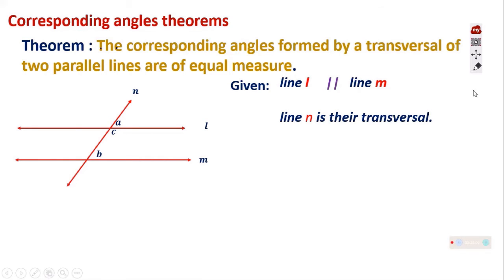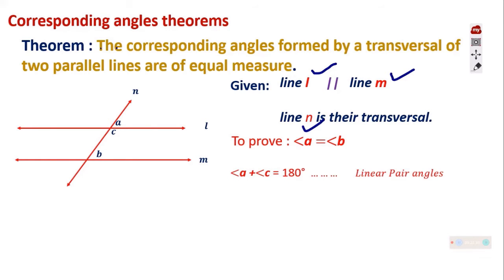We know that line L is parallel to line M, given, and N is the transversal, right? Now in order to prove that angle A is equal to angle B, we know that angle A plus C here is 180 because it is a linear pair on a line.